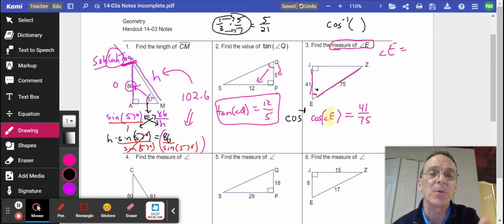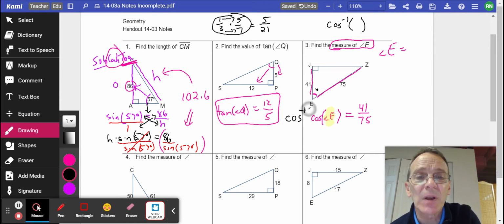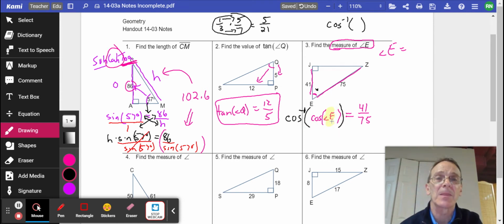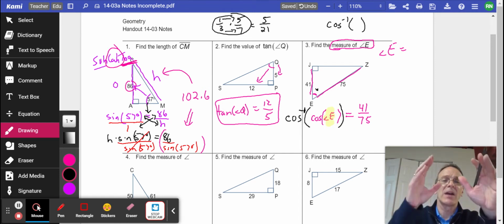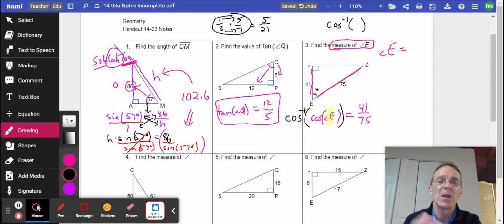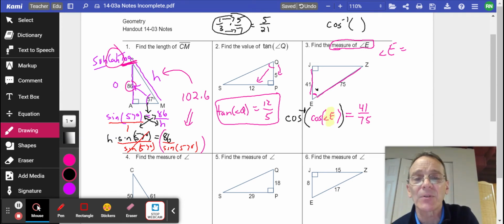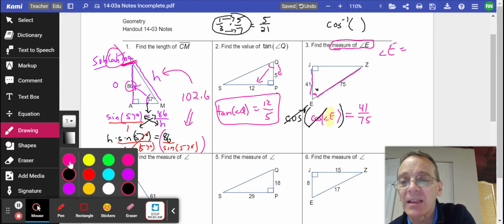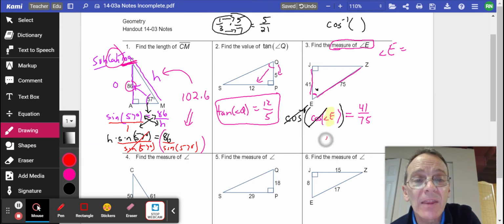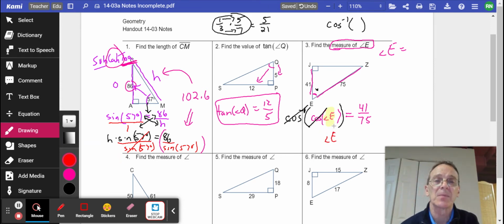So what is the input to the cosine inverse? Well, it's this whole side of the equation. We're taking the cosine inverse of that whole side of the equation because the cosine inverse has the effect of undoing the cosine function and leaving the angle E remaining.